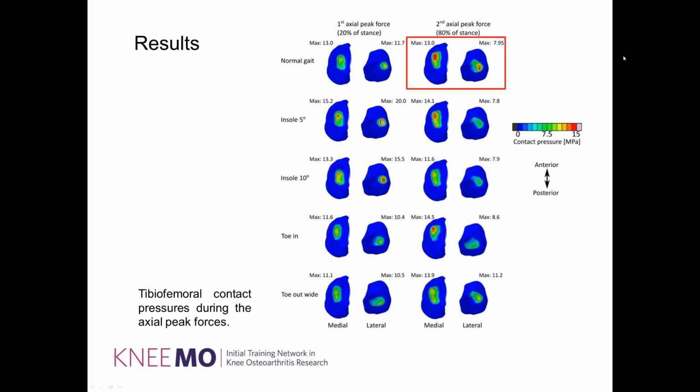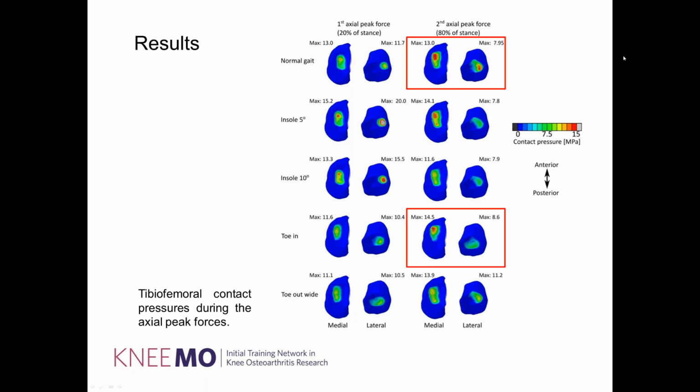During the second axial peak force, we saw again that the insole 5 degree was unable to reduce, even elevating the peak pressures in the tibial cartilage. The insole 10 degree was able to reduce them on the medial side, but it doesn't really help if the peak forces are increased during the first peak force, because overall you haven't really helped the patient.